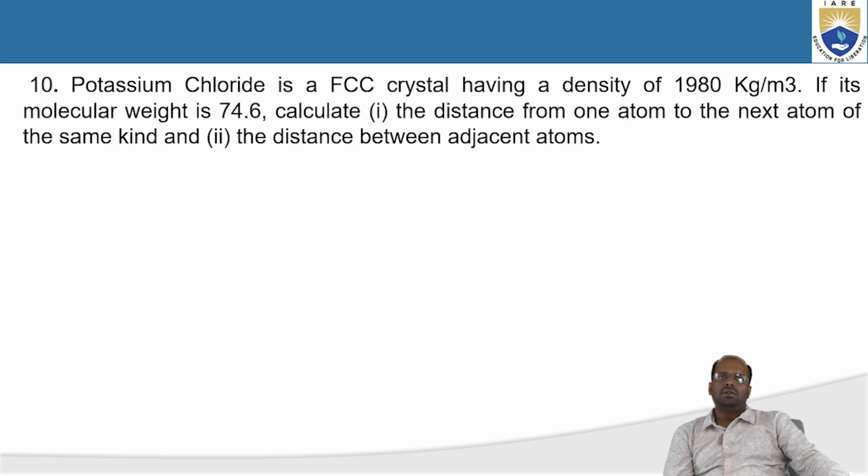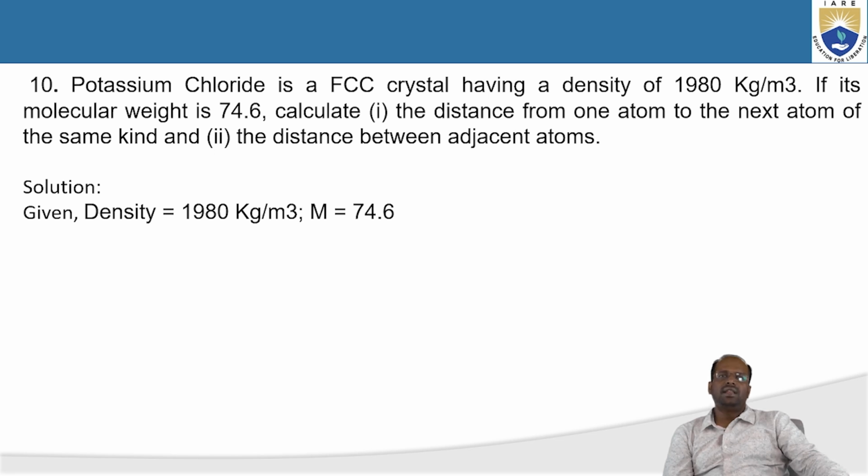Now, next we are having potassium chloride in a face-centered cubic structure. They are giving the density, that is 1980 kg per meter cube, molecular weight is 74.6, and we know the Avogadro number 6.023 into 10 to the power of 26 per kilomole. And they are asking to calculate the distance from one atom to the next atom of the same kind, and also the distance between adjacent atoms.